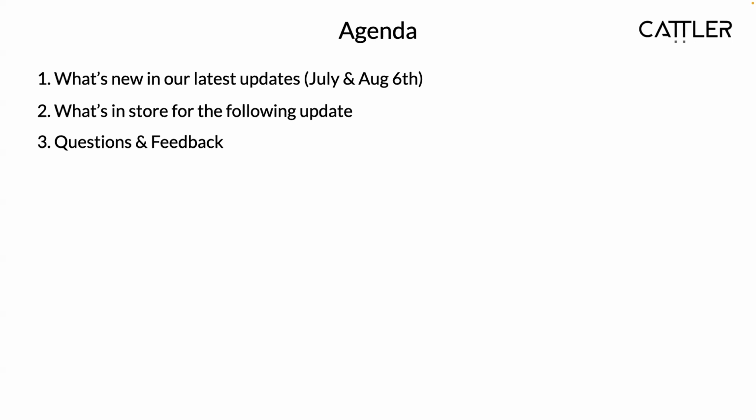So the agenda is the same as always in the structure. It's what's new in the latest updates. We had strong updates in July and on August the 6th, and what's in store for the following updates, and then a moment for questions and feedback.